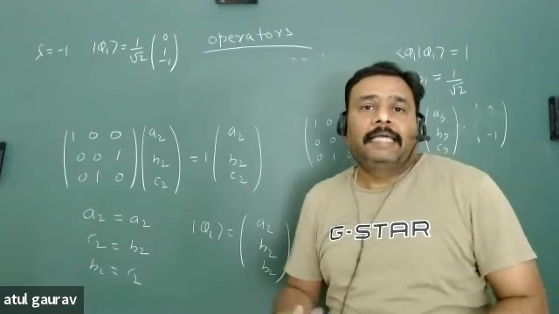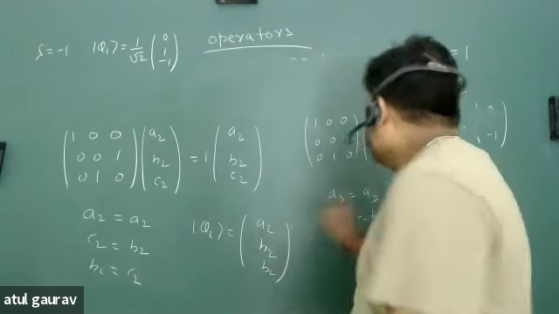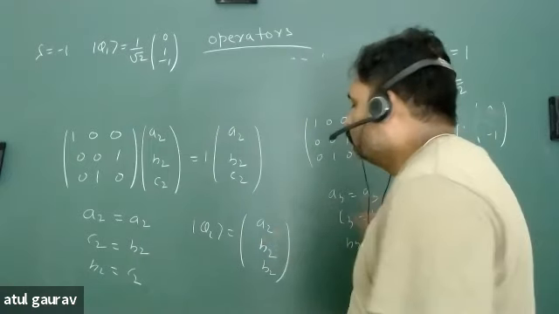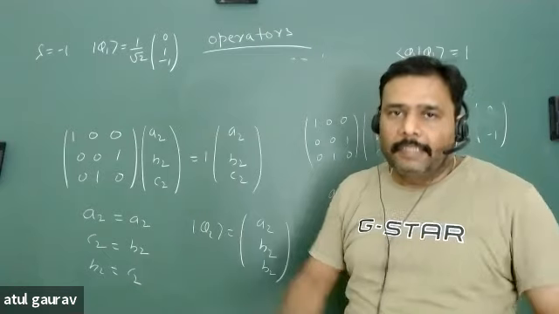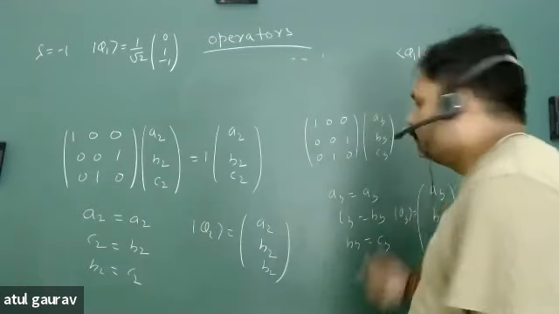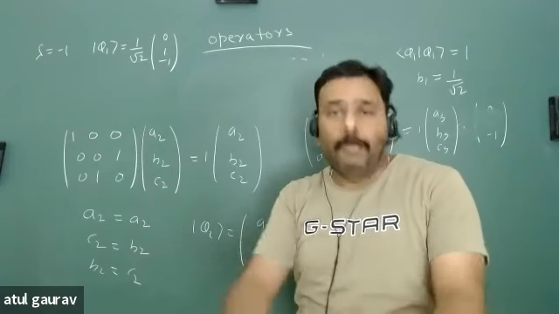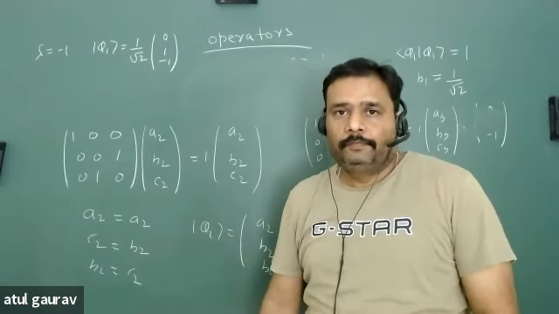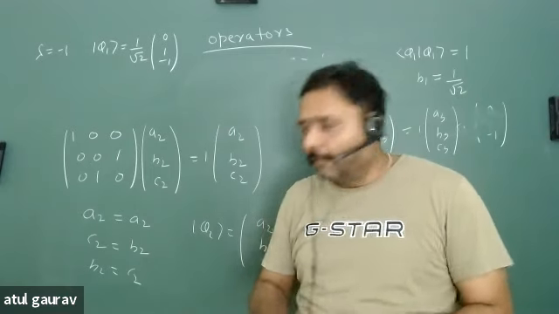But the real challenge is that these two vectors must be orthogonal to each other. Normalization we can do easily, but this phi 2 and this phi 3, even if they have the same form, we must construct them orthogonal.